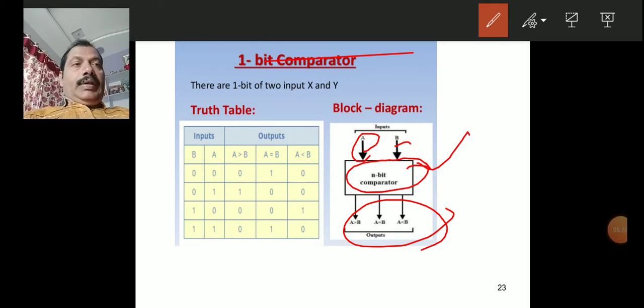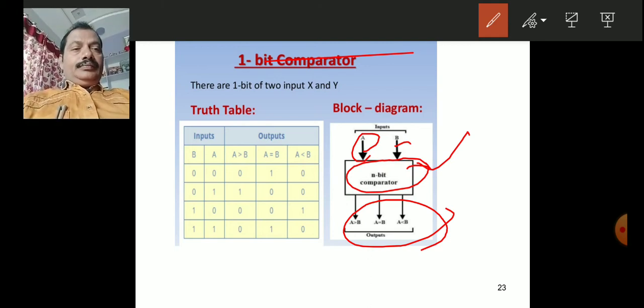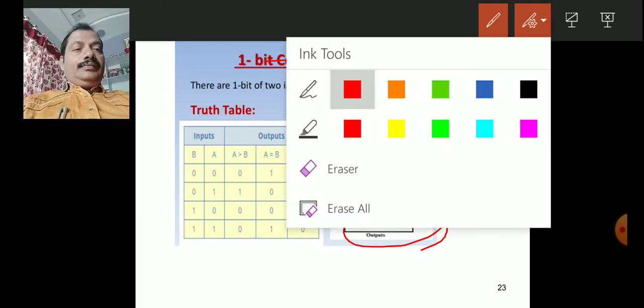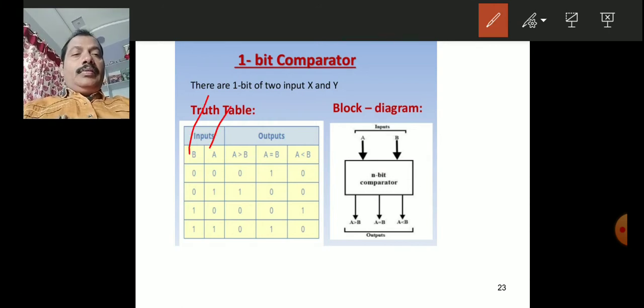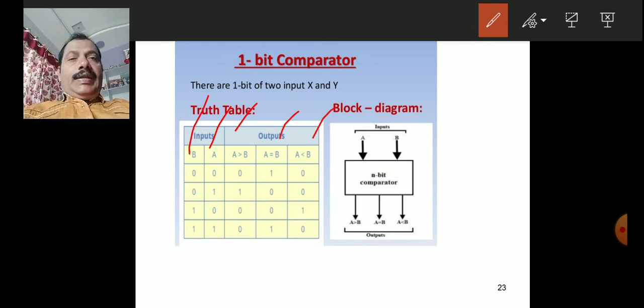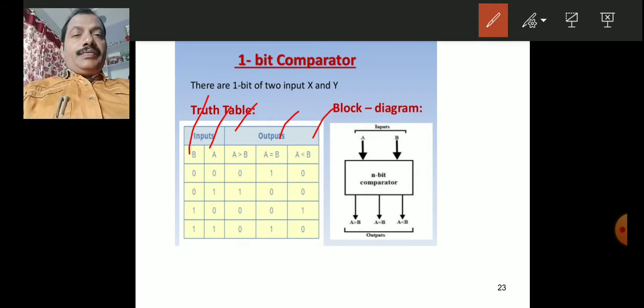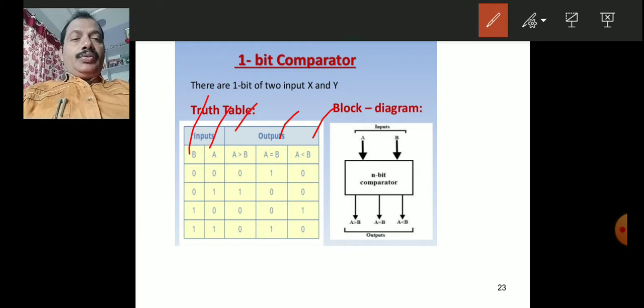Now let us consider the 1-bit comparator. There are two inputs A, B and three outputs. First, let us write the combinations of the inputs: 0 0, 0 1, 1 0, 1 1.